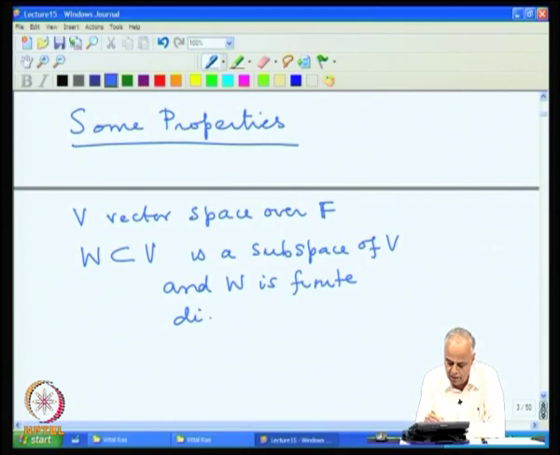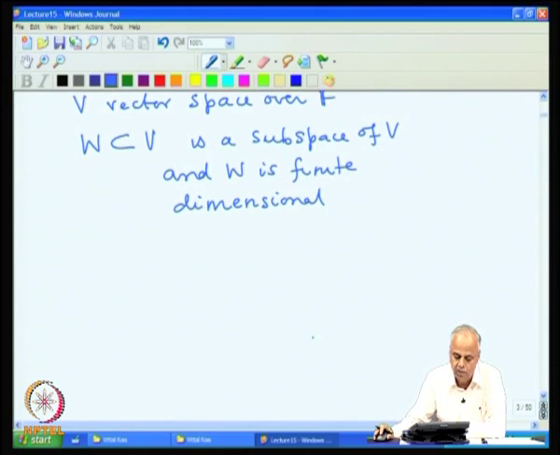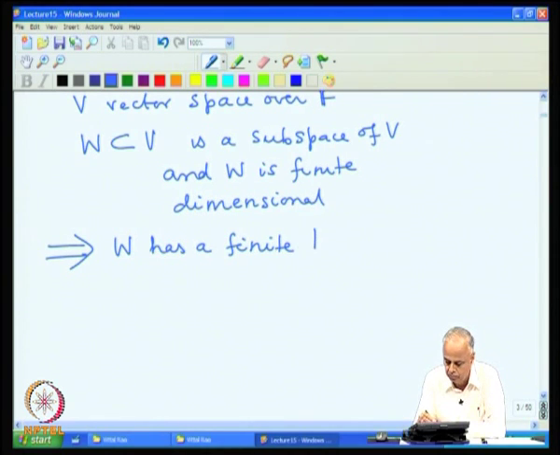So, we look at some of the properties of such a subspace. What do we mean by saying that W is a finite dimensional subspace? By definition, this means W must have a finite basis.